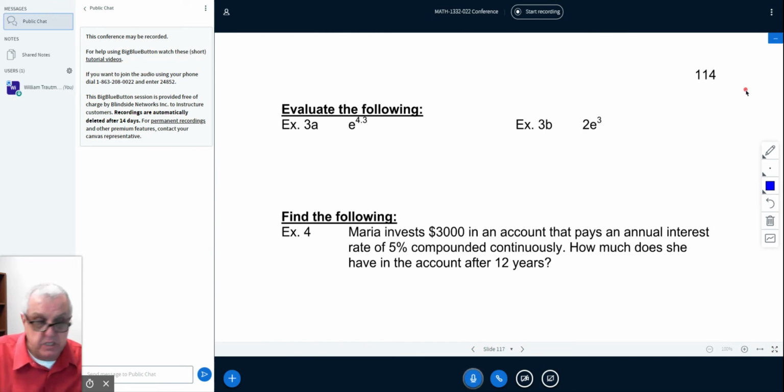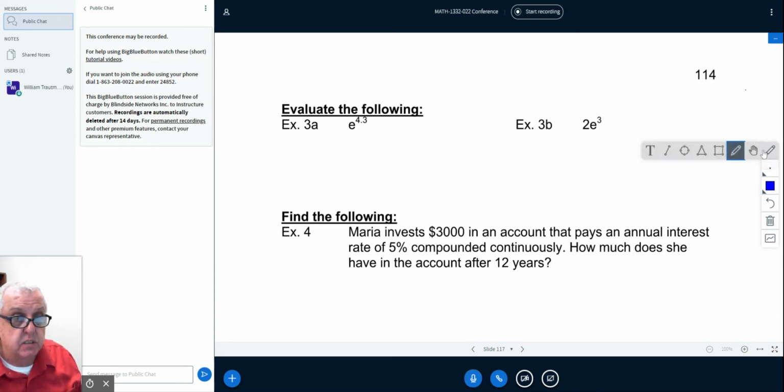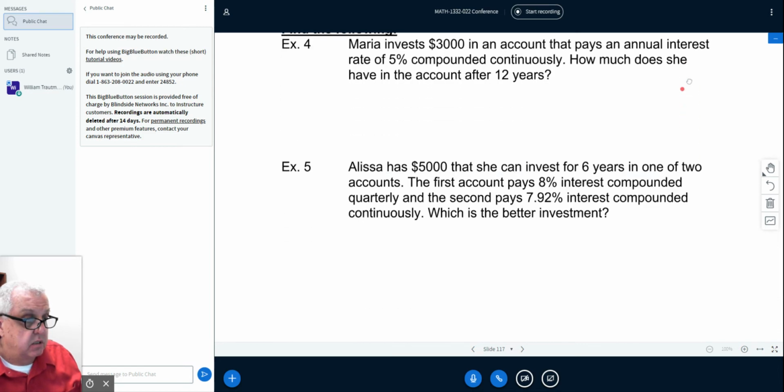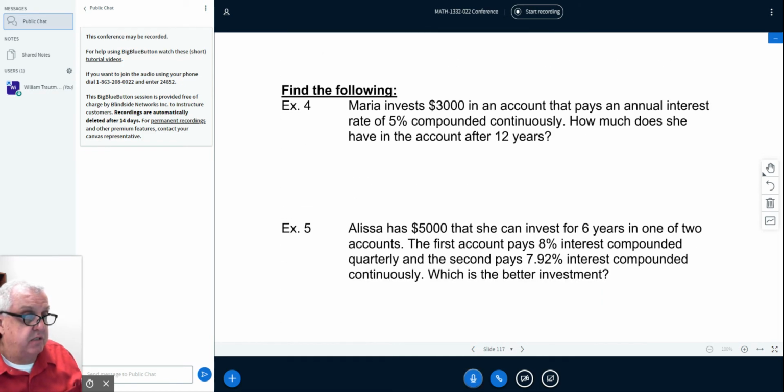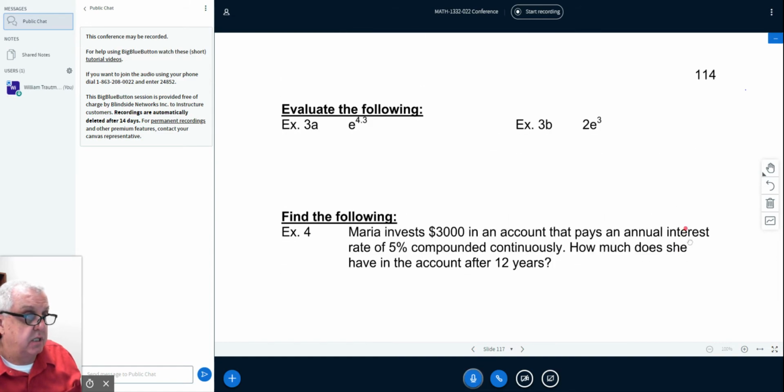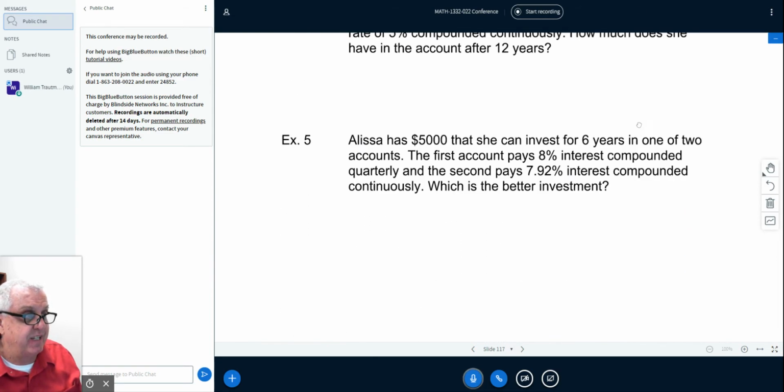I'm on page 114. Let's do page 114. We're supposed to do problems 1 and 6. Do I have a 1 and 6? Well, I don't even see a 1. Did I mean 3?